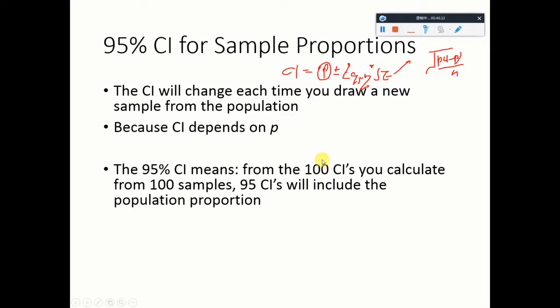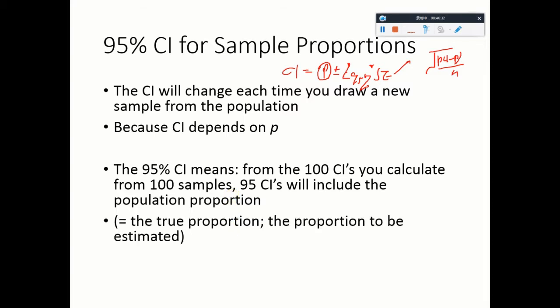If we draw 100 samples, we'll have 100 confidence intervals, and from these 100 confidence intervals, 95 of them would include the population proportion, the proportion to be estimated, and only about 5 of them would not include the true population proportion.